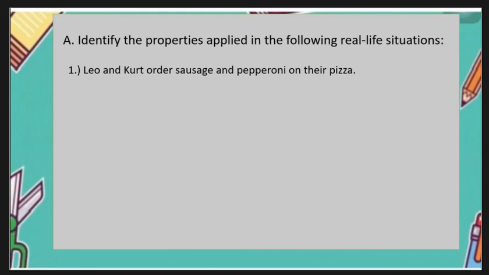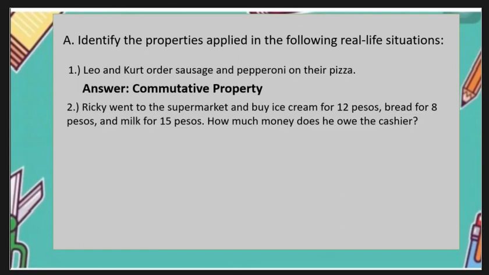Okay, for number 1, we have, okay, very good. That is commutative property. Number 2, Ricky went to the supermarket and bought ice cream for 12 pesos, bread for 8 pesos, and milk for 15 pesos. How much money does he owe the cashier?